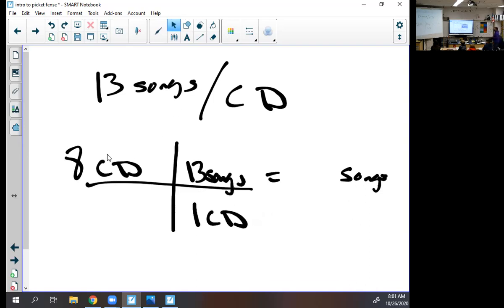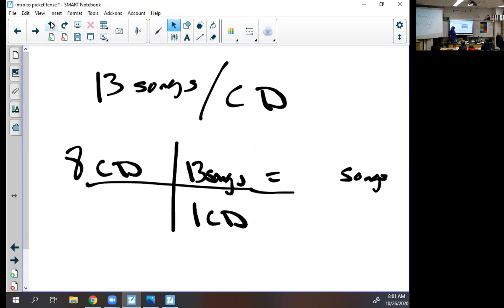So I would just now take 8 times 13, and it's 104. Now you're like, why would you do that? You're multiplying by 8. Well, in chemistry, things get confusing. And this is the power of this little device called the picket fence. And it's called the picket fence because it gets a lot bigger and sort of looks like a fence. That's where that comes from.